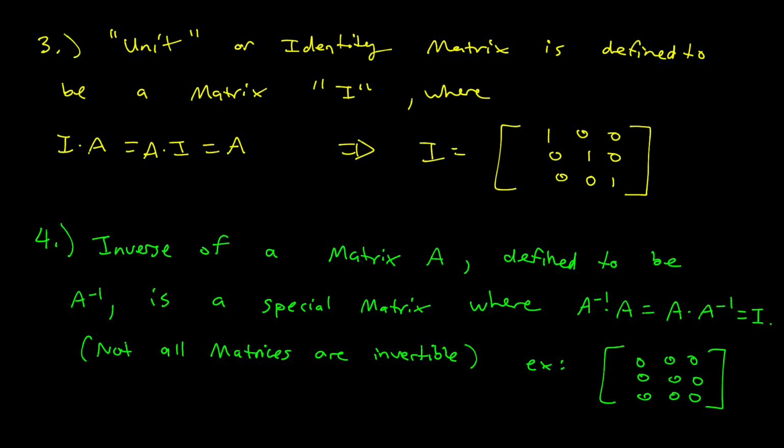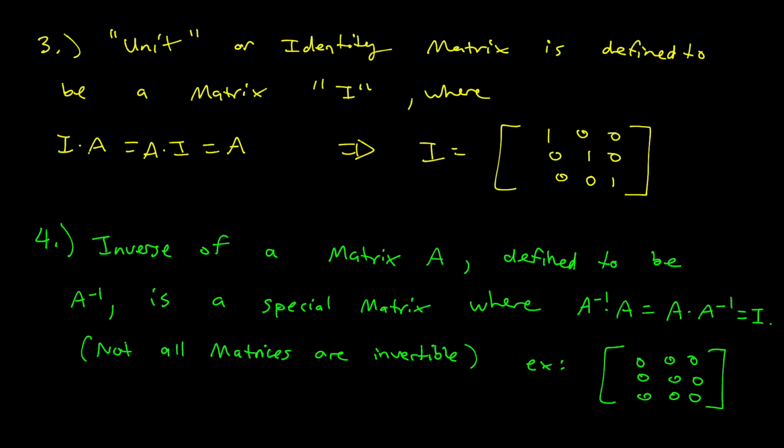A special matrix called the unit or identity matrix is defined to be a matrix I, where I times any matrix equals any matrix times I equals the matrix itself. And I is just a matrix with all of its diagonal entries as 1 and all of its non-diagonal entries 0. I drew a 3x3 version of the identity matrix on this page.